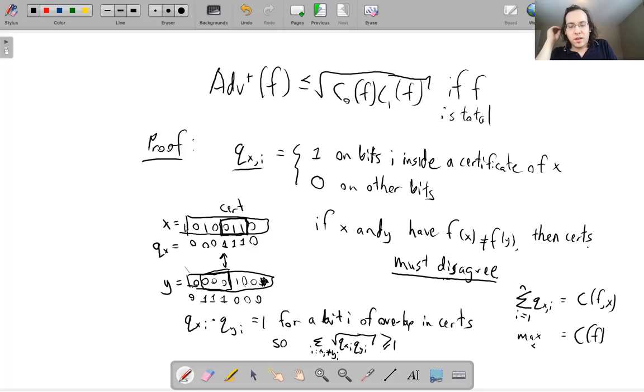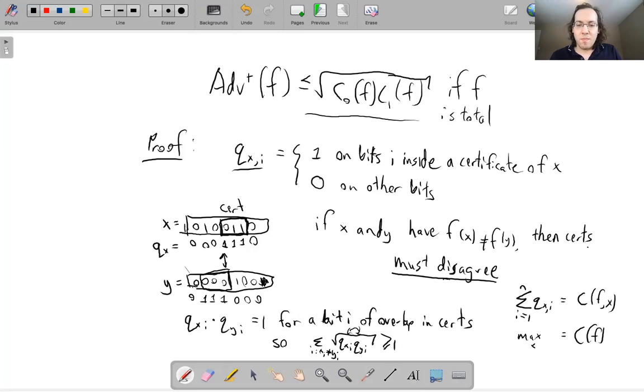It's not quite what we wanted, but we can rebalance the weights here. We can divide all the weights for 0 inputs by C0(f), and all the weights for 1 inputs by C1(f). And if you rebalance the weights carefully, because we only ever look at products of a weight on the 0 input and a weight on a 1 input for the constraint, we only ever look at such products.